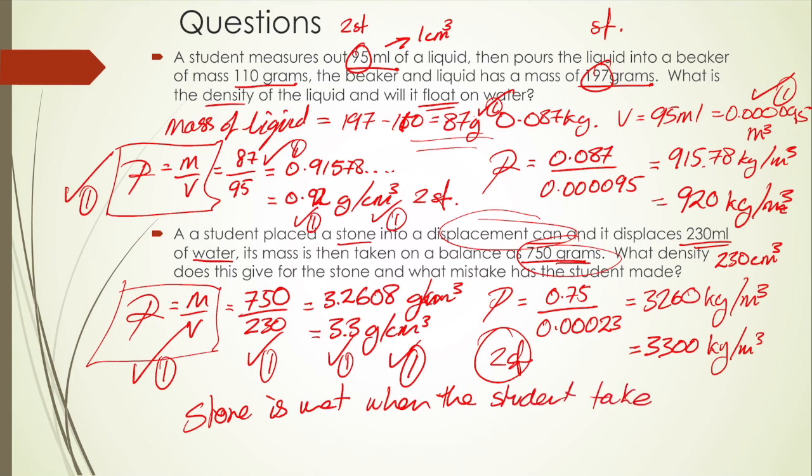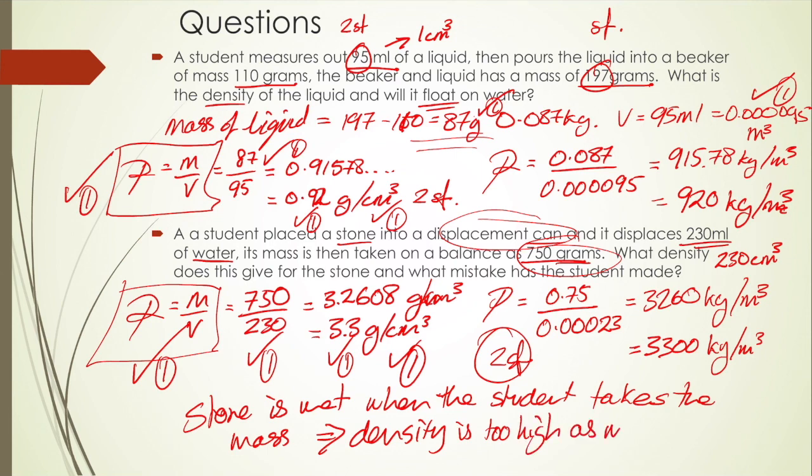And if the stone is wet when the student takes the mass, the density will be too high, because the mass is too high, because it includes the water that's on the stone as well.